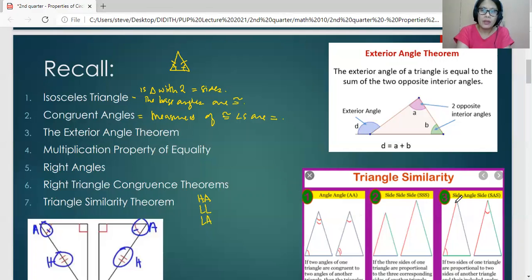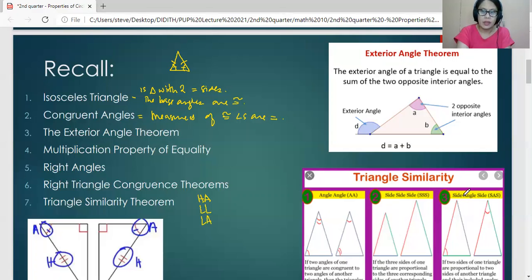Now with triangle similarity, proving only two corresponding angles of the two triangles to be congruent, we can say that the two triangles are similar, and this is based on the angle-angle triangle similarity. With side-side-side, if we are able to prove that the three corresponding sides are proportional, then we can say that the two triangles are similar.